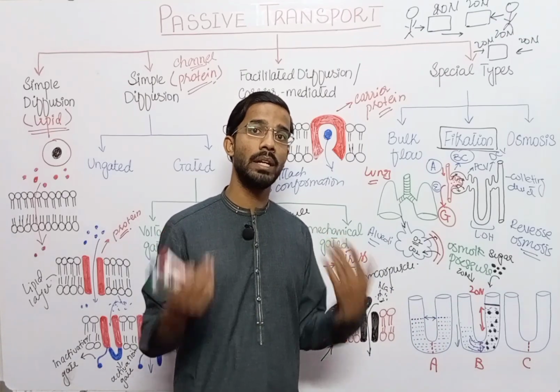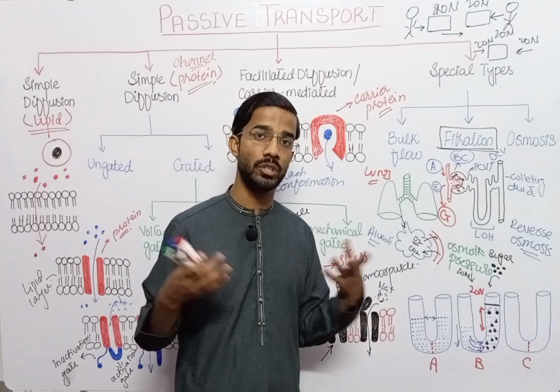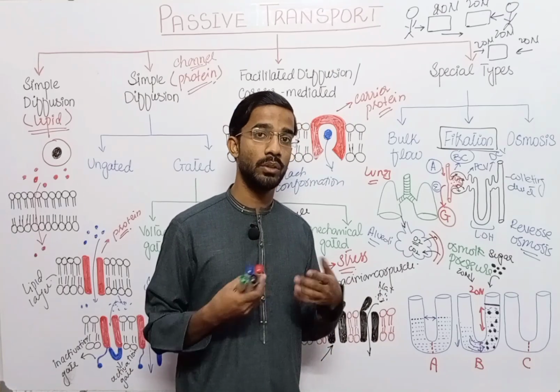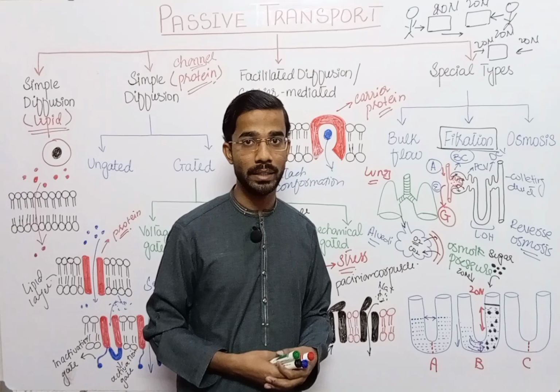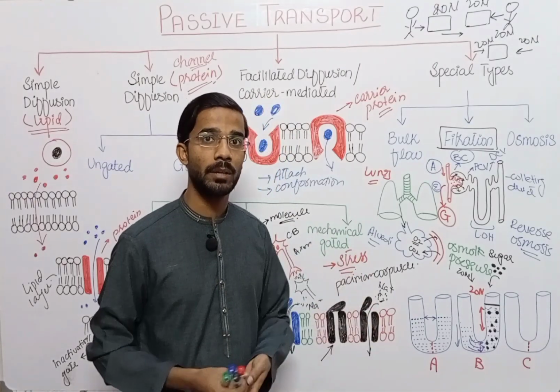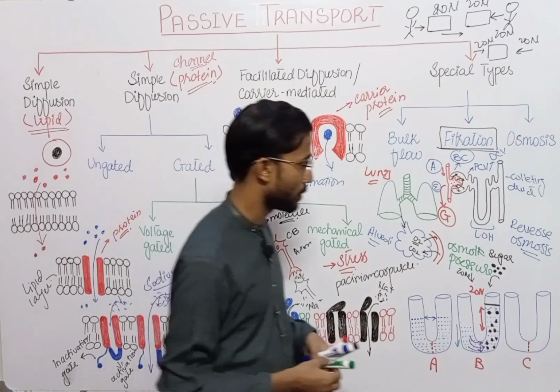Blood has a lot of albumin, which is a large molecule, and the force or pressure exerted by solute particles like albumin is called the colloid osmotic pressure, or oncotic pressure.